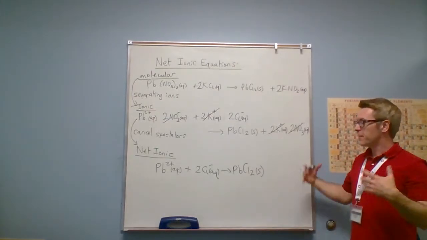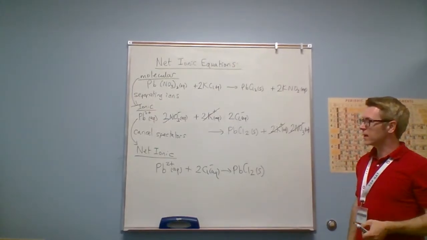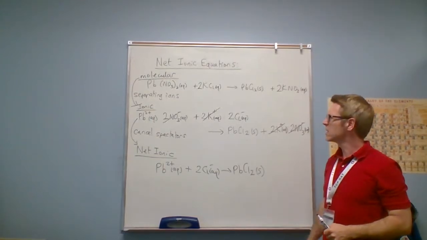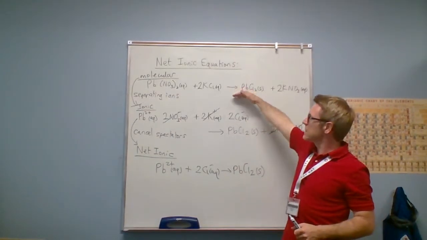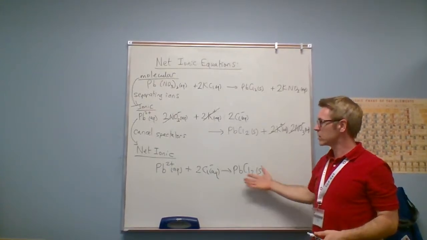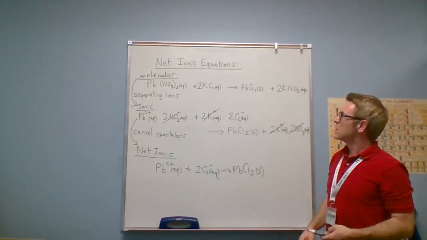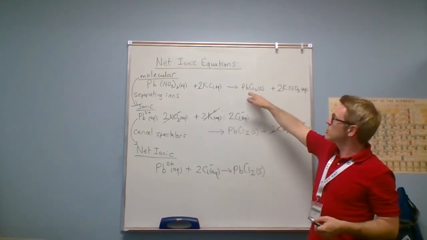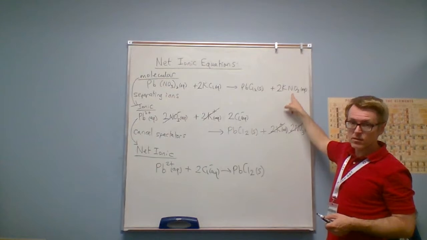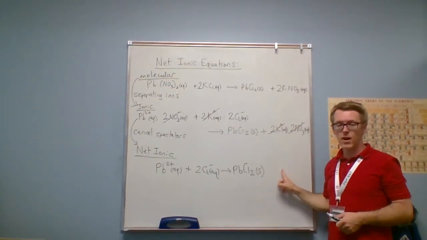So that's it. As you can hopefully appreciate, one of the benefits of learning to write a net ionic equation is it simplifies the molecular equation. It highlights to a chemist what's really happening. So, whereas if you just see the molecular equation, you might think that this is a product. Clearly it doesn't survive as a net product.